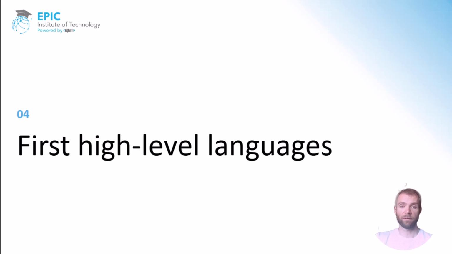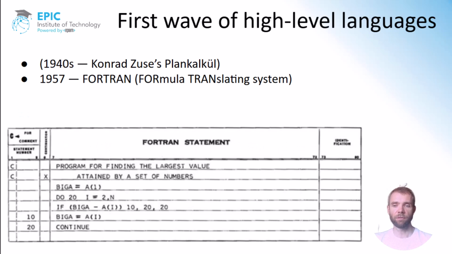But then it turned out that you cannot do this forever, so you have to have some generic way of describing algorithms, because the more machines you have, the more tedious it becomes to rewrite the software from scratch for each new type of machine, right? And so the first programming languages started to appear.